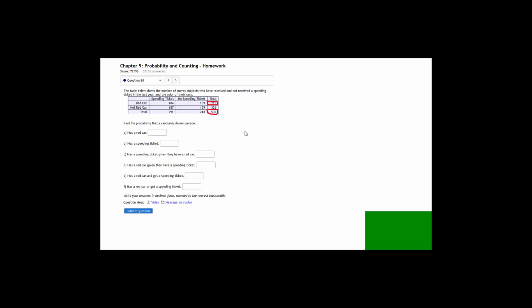I'm doing this on my calculator now: 213 divided by 539, and I'm going to round off here. The answer is 0.395.